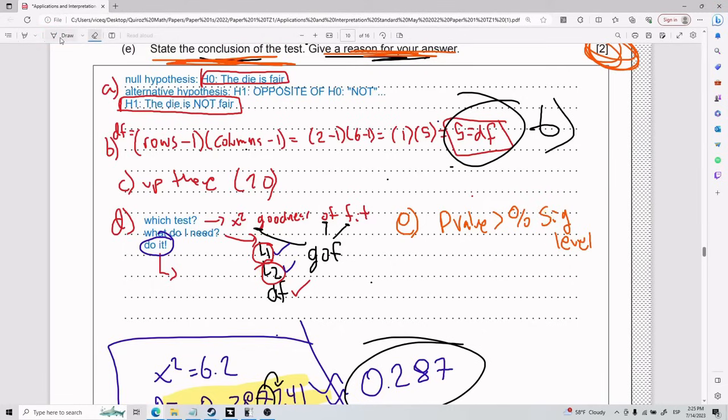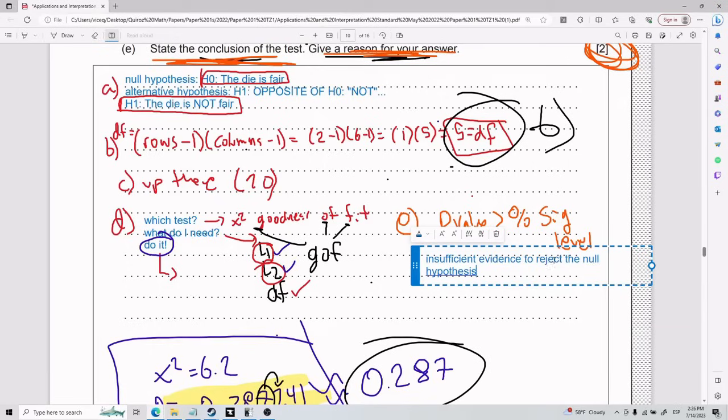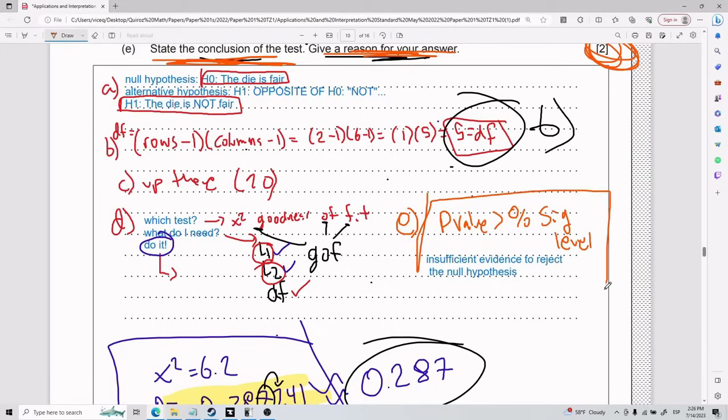In this case, if my p-value is greater than my significance level, I'm just going to write it out. This means that we have insufficient evidence to reject the null hypothesis. All you're really doing is seeing whether you reject or approve the null hypothesis. So if my p-value is greater than my percent significance level, that means that we have insufficient evidence to reject the null hypothesis. All right?